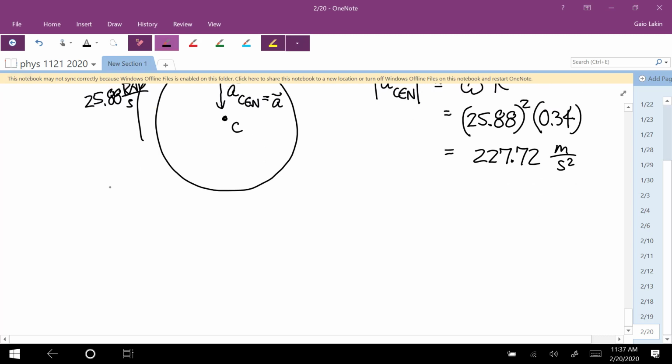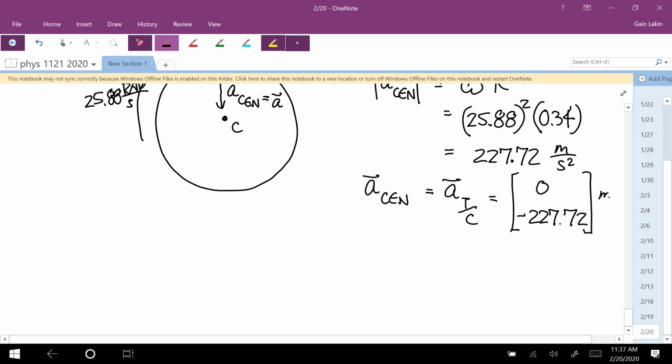So as a vector, the centripetal acceleration, which is also the total acceleration in this case of t relative to the center, is 0, negative 227.72. And now put the relative motion equation back together.